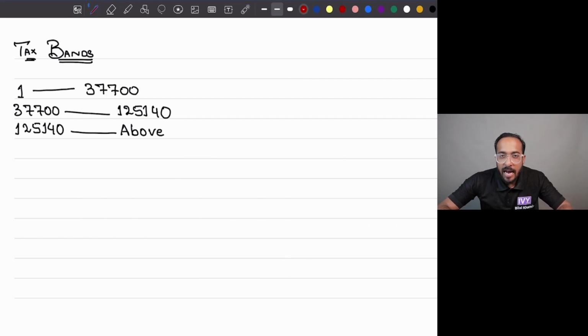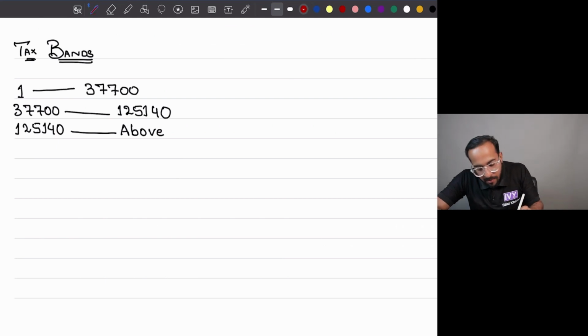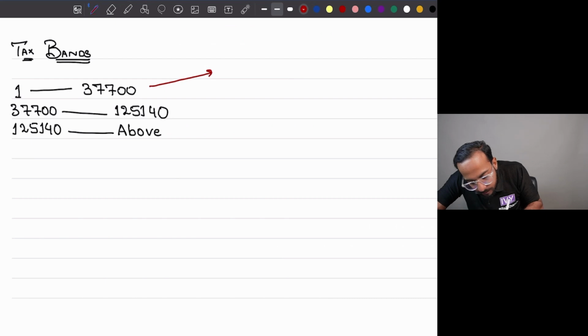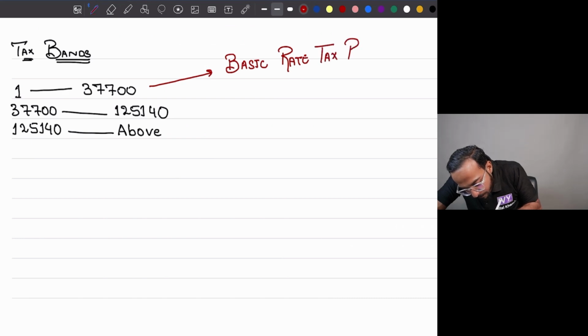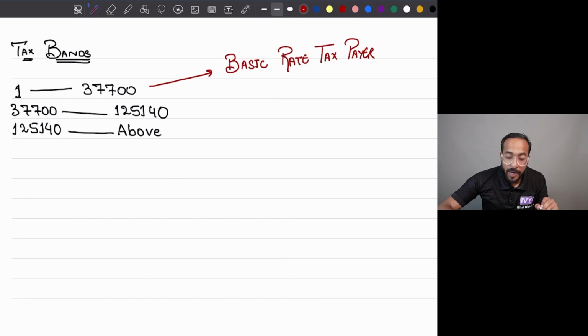Now the thing is that I was saying that if a person has total taxable income of 37,700 or less, he will be called a basic rate taxpayer. Got it?